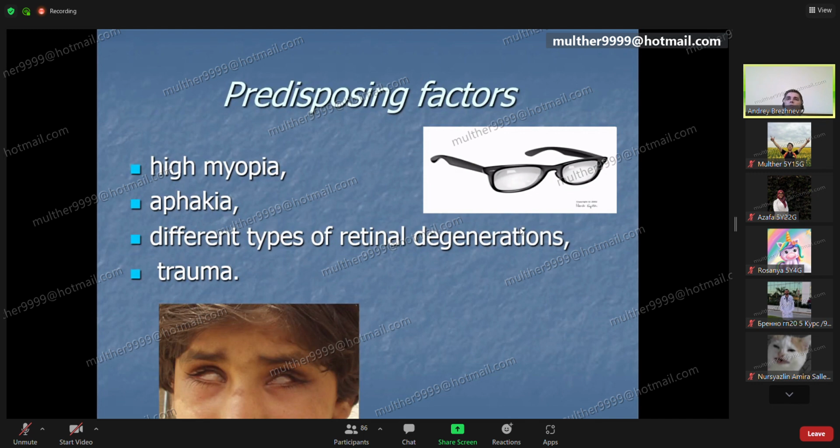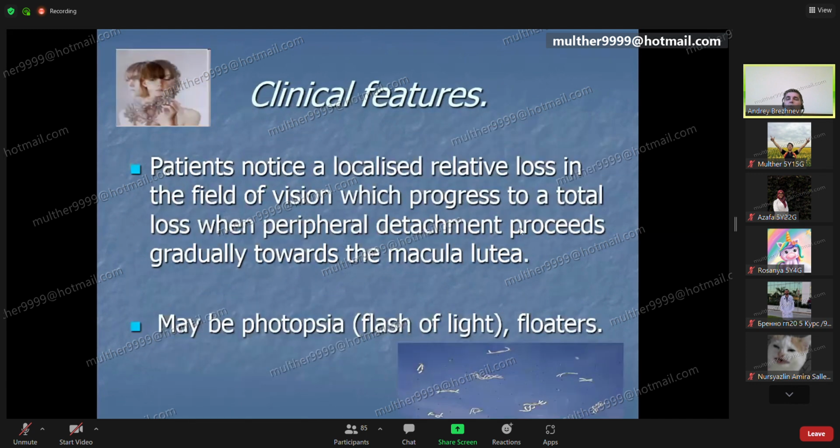Clinical features. Patients notice a localized relative loss in the field of vision, which progresses to a total loss when peripheral detachment proceeds gradually towards the macula lutea. At this stage there may be photopsia, which looks to the patient like flashes of light, and floaters, like black spots, black flies in front of the patient's eye.